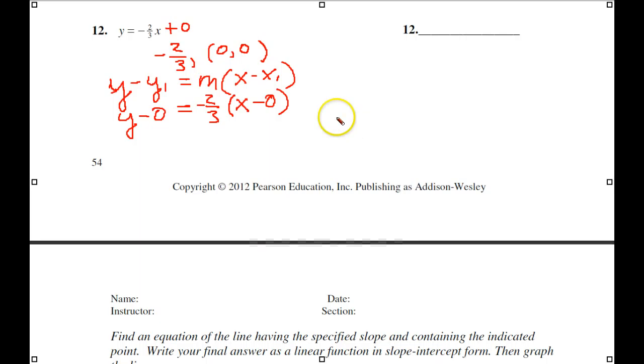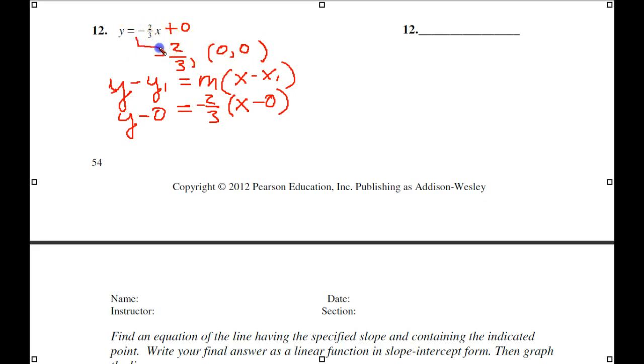This next one's a little tricky. Notice it's y equals this, and you might say, is that in point-slope form? What would the ordered pair be that it's going through? Well, remember, if there is no b, your b is the origin.